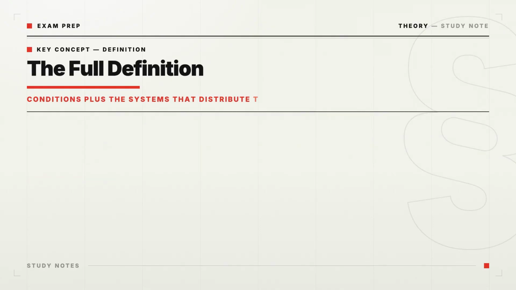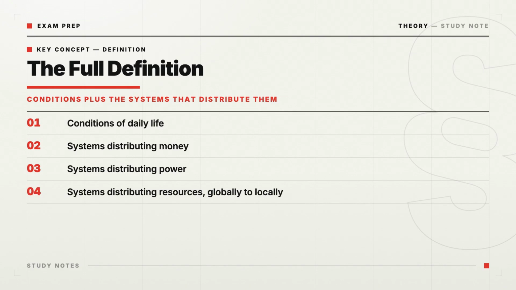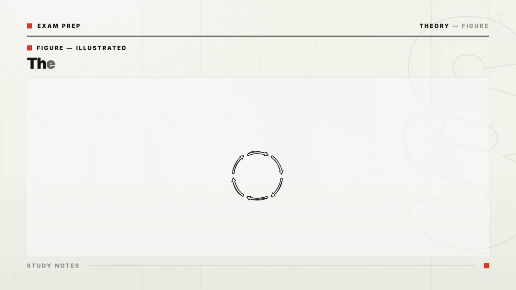The full definition names conditions of daily life, then adds the systems that distribute money, power, and resources at global, national, and local levels. That second clause turns the concept from something descriptive, like weather, into something structural, a product of tax policy, labor law, zoning, and school funding decisions.